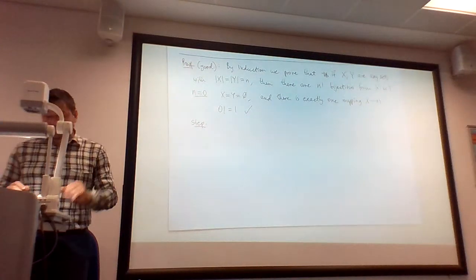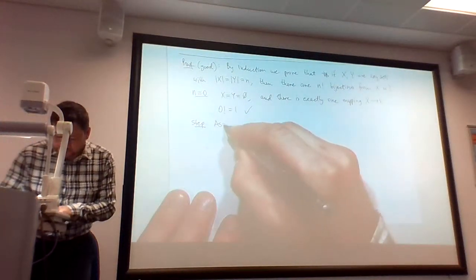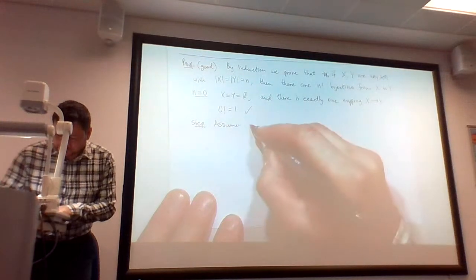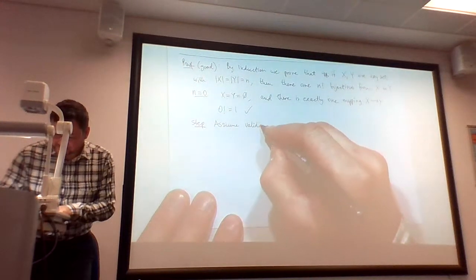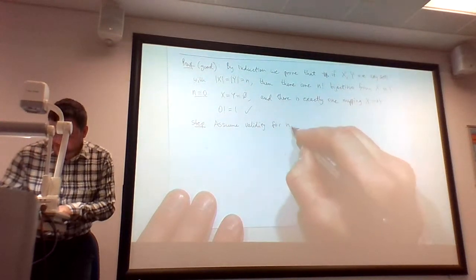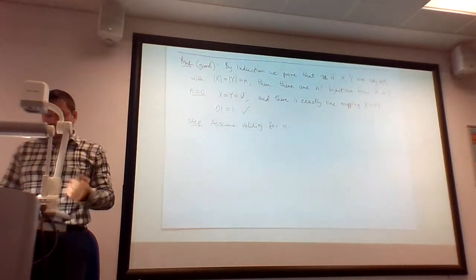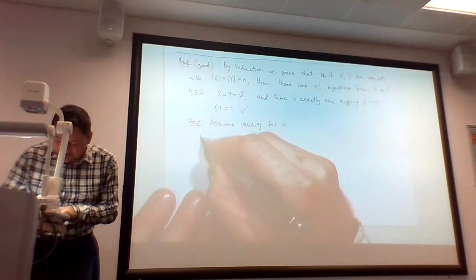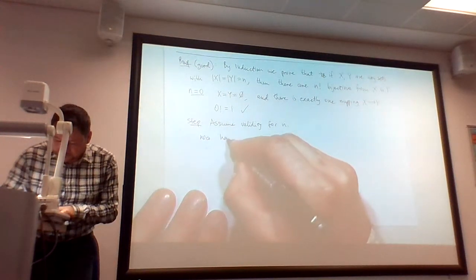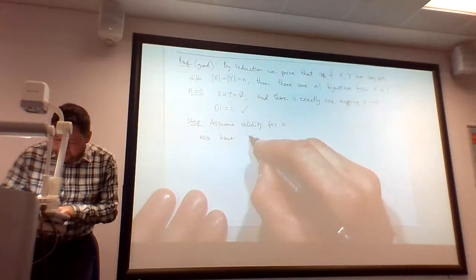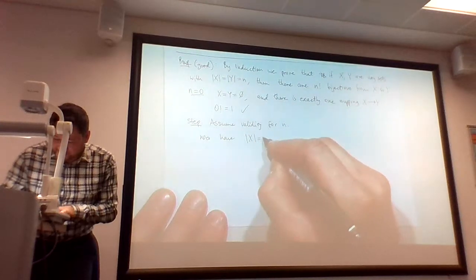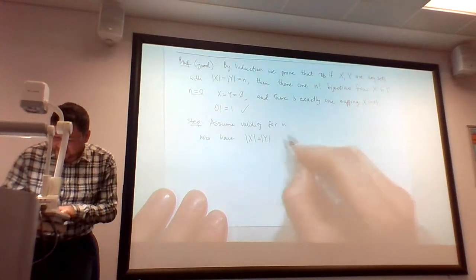So we're assuming validity for n, not copying all the things. So we're assuming that this is good for n, and now we have two sets x and y.